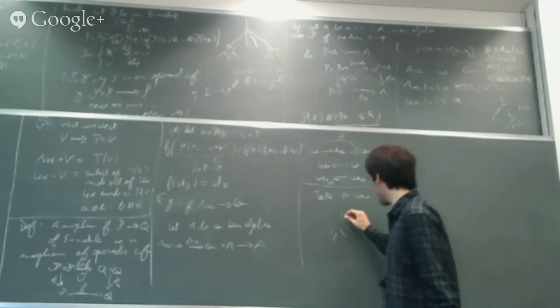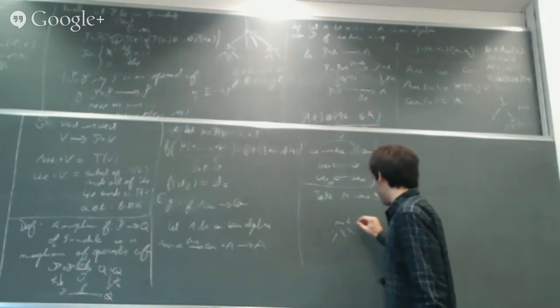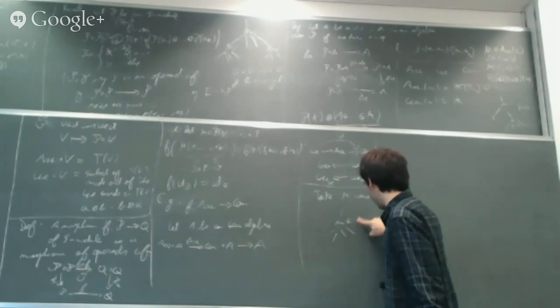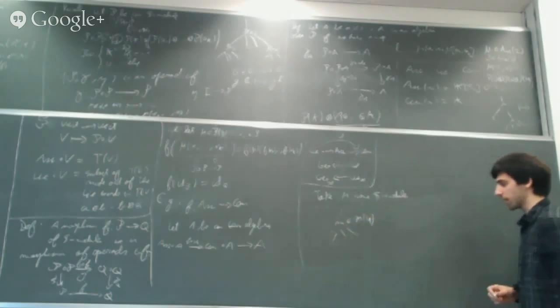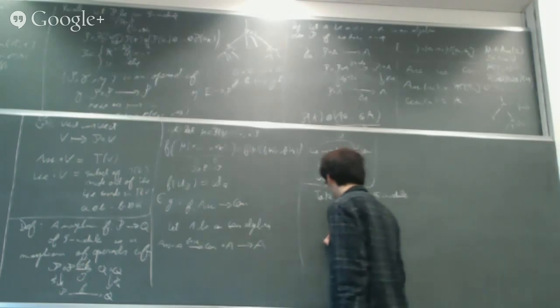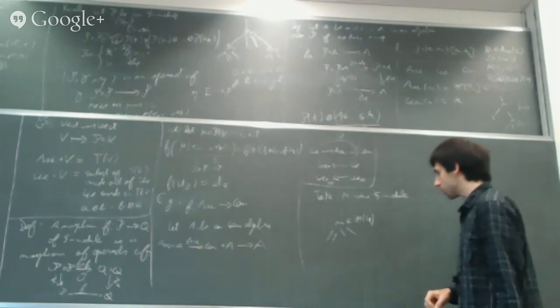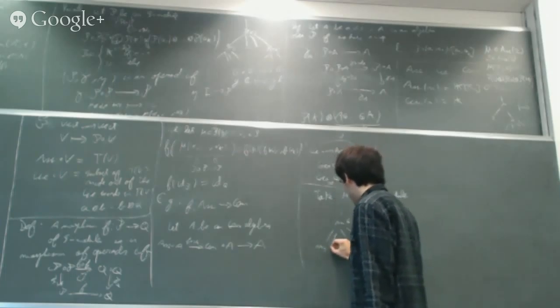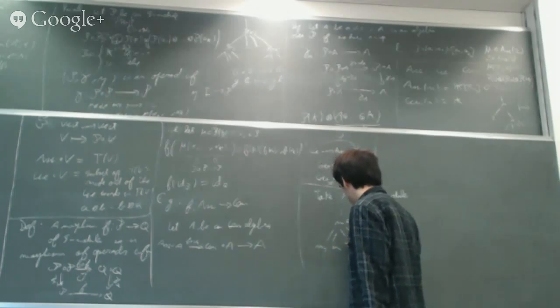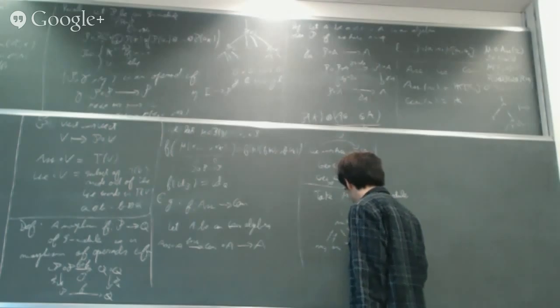You take some guy M in, say, M4. So it's some guy with 4 legs, and I want to put here some M1, M2, M3, M4.